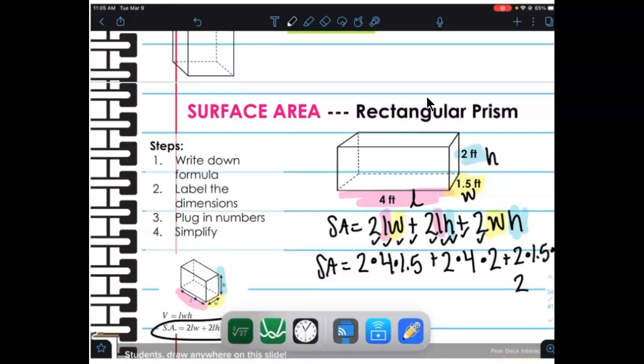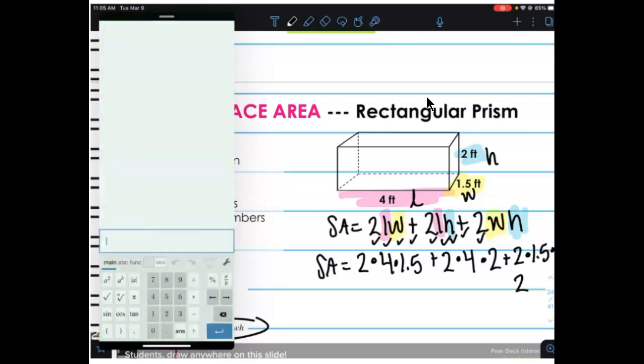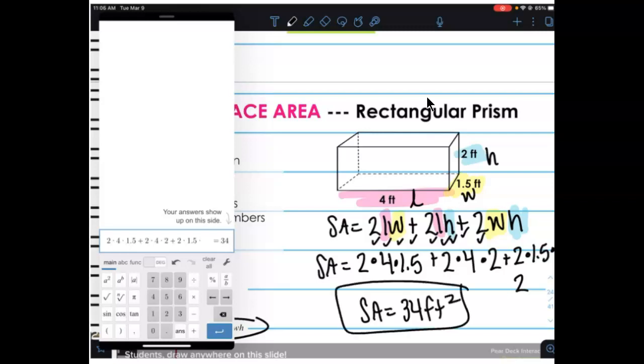Now I'm going to use my Desmos calculator to calculate the whole thing: 2 times 4 times 1.5 plus 2 times 4 times 2 plus 2 times 1.5 times 2, which is 34. And the units are squared. So if we were trying to cover this, it takes 34 feet squared, 1 foot by 1 foot squares, to cover the outside of this whole shape.